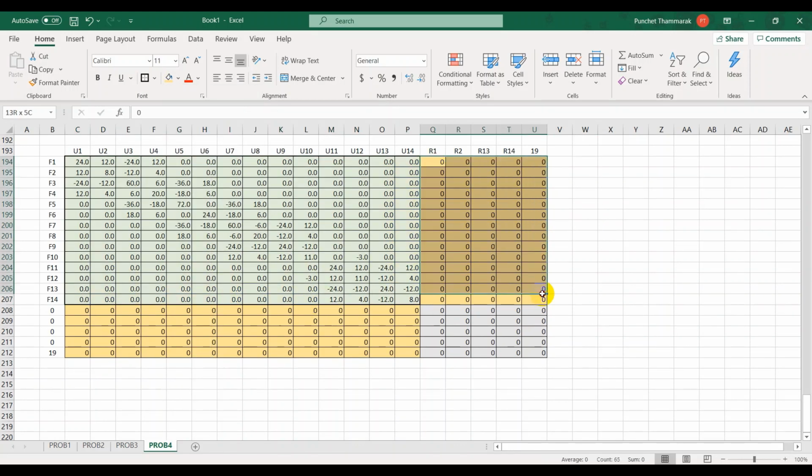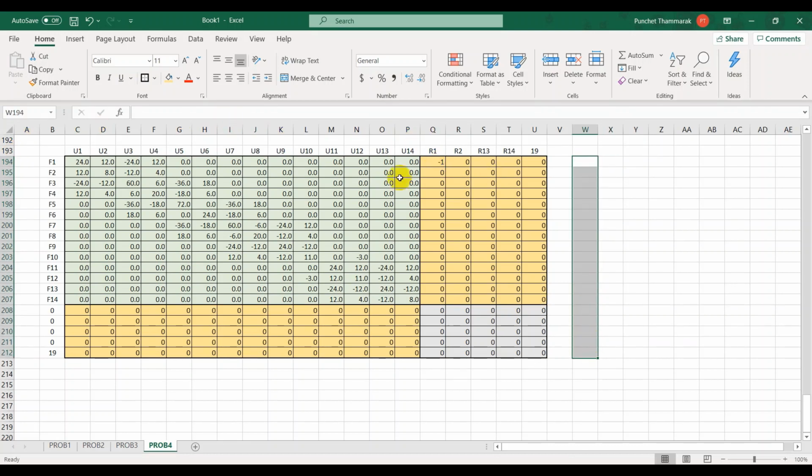Now boundary condition. Start with here. Since we have the reaction at the first equation that governs the equilibrium of degree of freedom number 1, we move the reaction from the other side, and then you get a -1 over here.